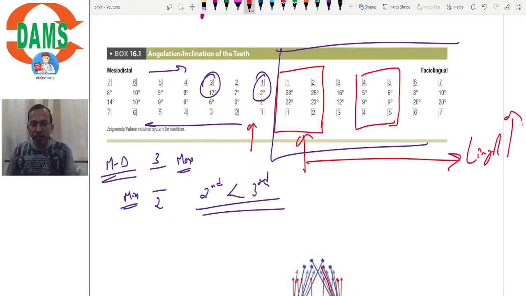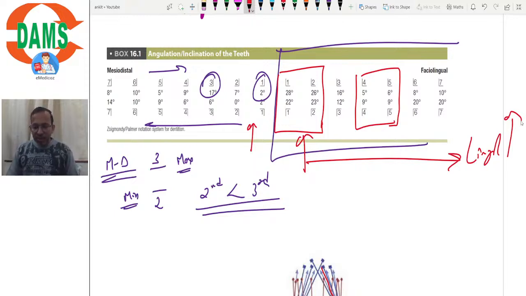Apart from mandibular molars, all the other teeth have a facial inclination or they do not show any inclination, ठीक है। But lingual inclination only and only mandibular molars में ही है, ठीक है। समझ में आ रहा है? Is it clear?